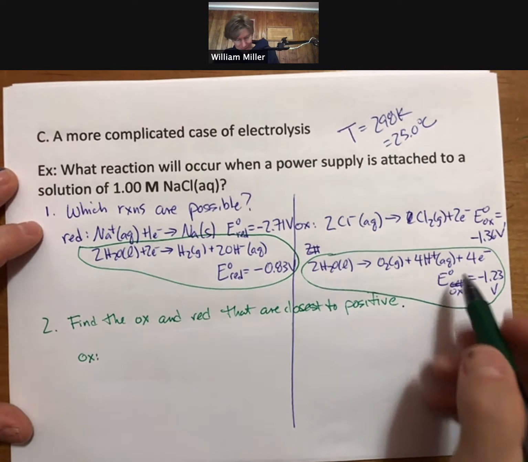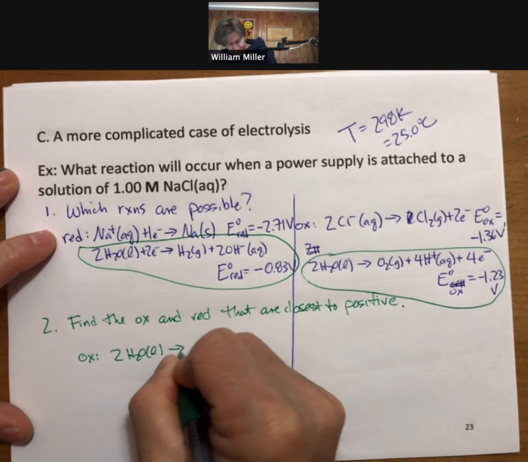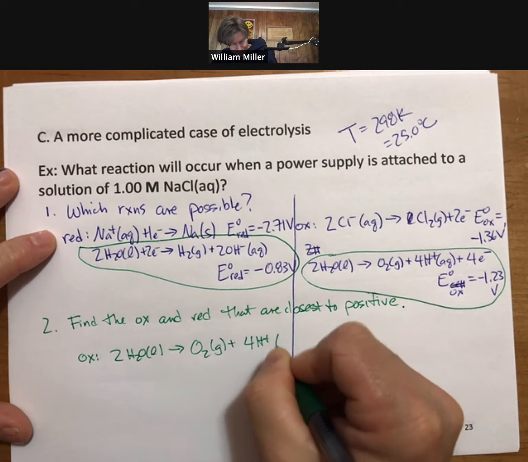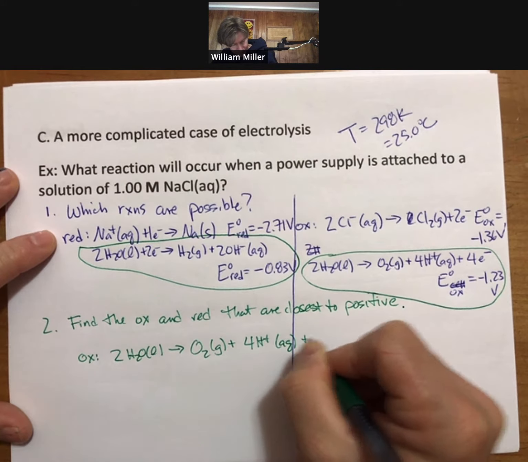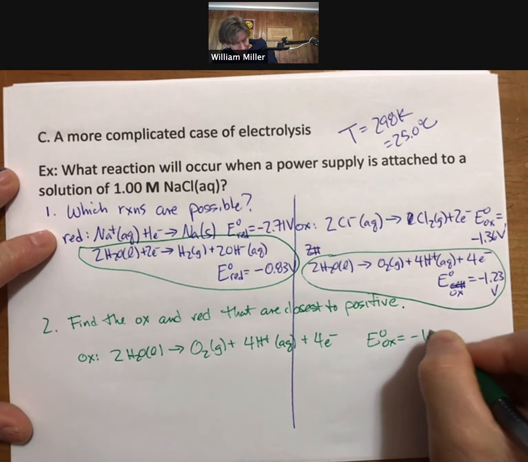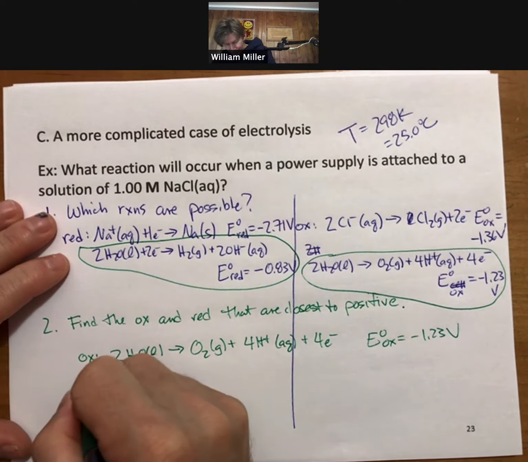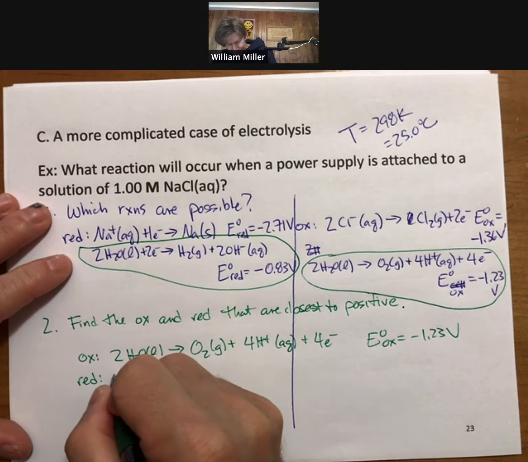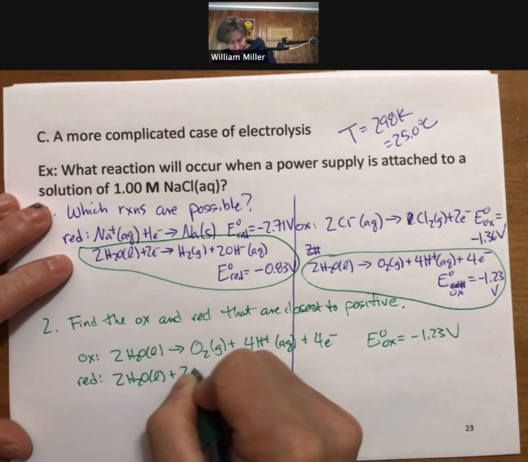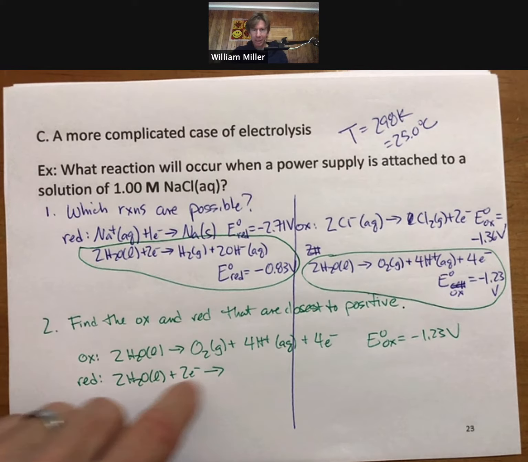I'll write out my oxidation. And I'll write out my reduction. Then I'll add them up. Noting the fact that, of course, I have different numbers of electrons in here, which I still have to cancel out.